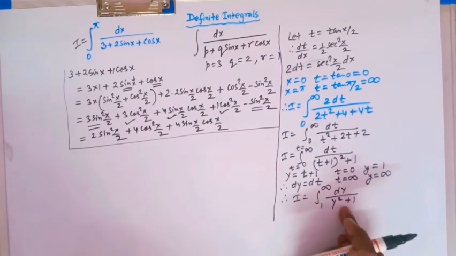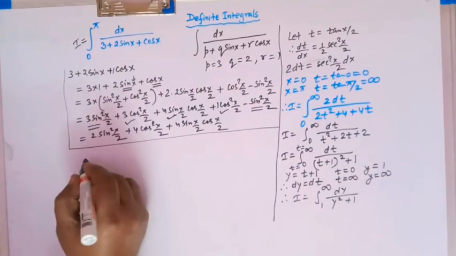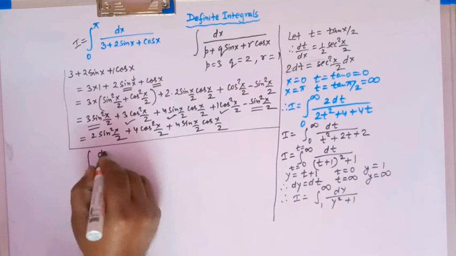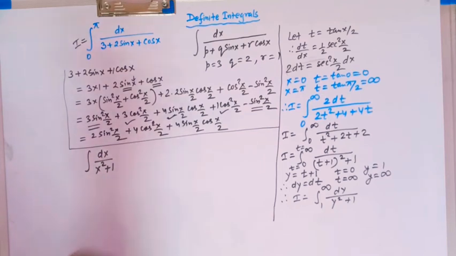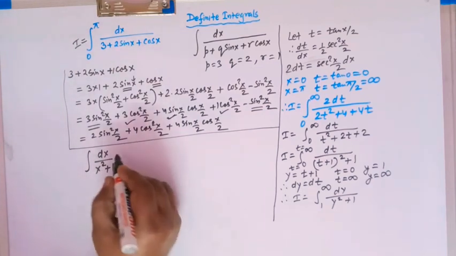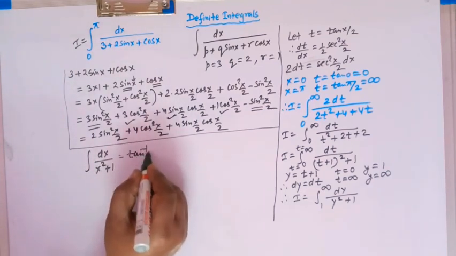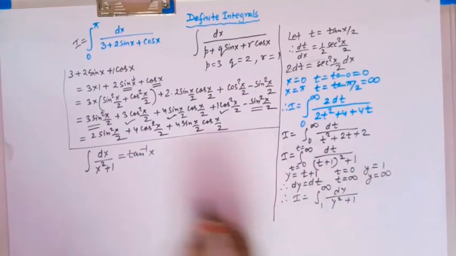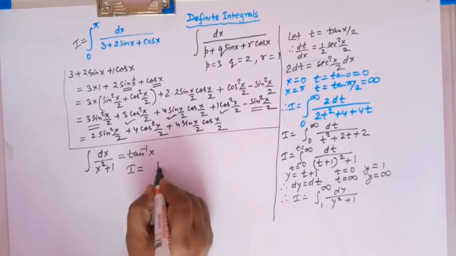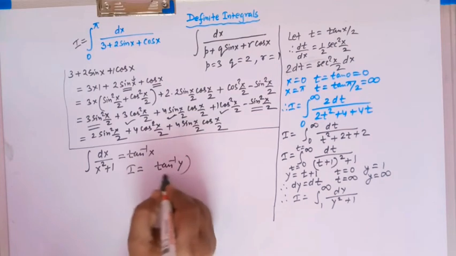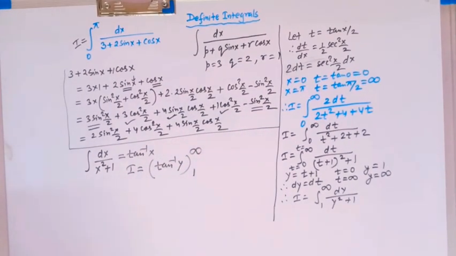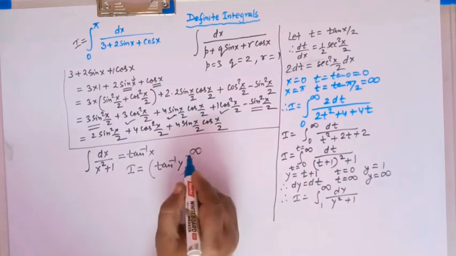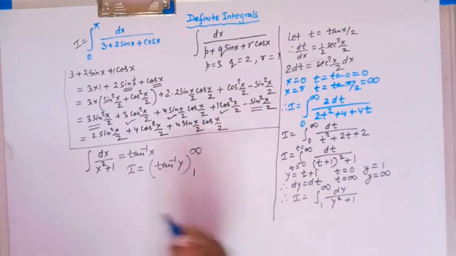Now this integral is a standard integral, and we know that the integral of 1 over x square plus 1 dx is tan inverse x, right? So here we have I is equal to tan inverse y, and the limits are from 1 to infinity, right? Okay, so now we can substitute the limits and take the difference.